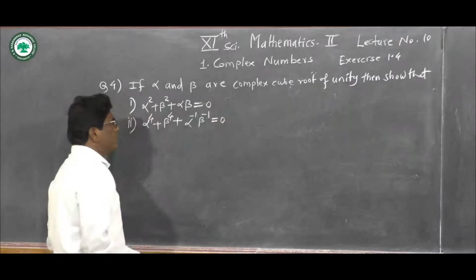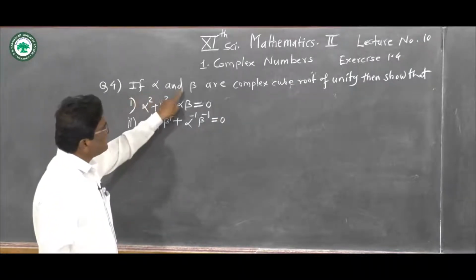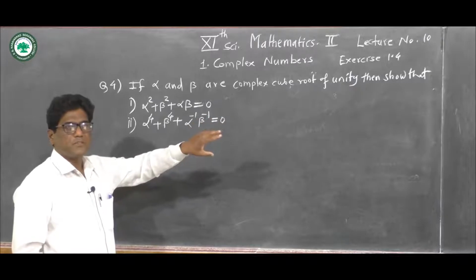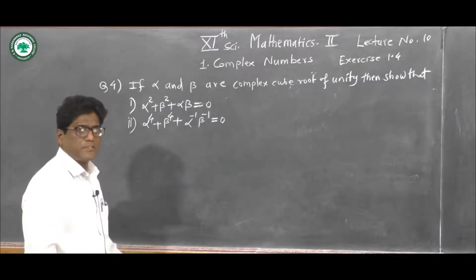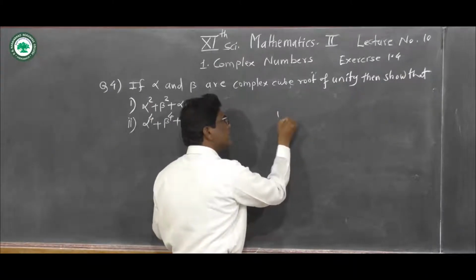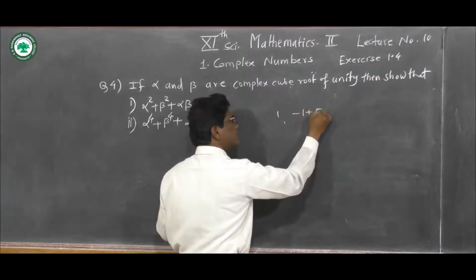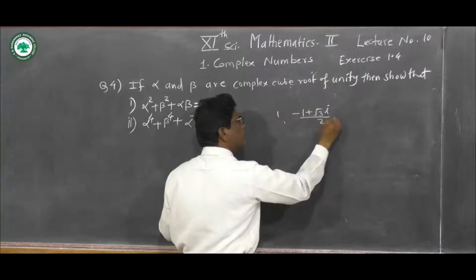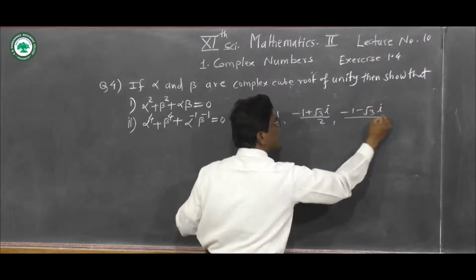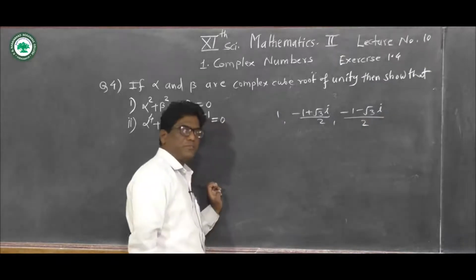Now what we have given here, alpha and beta are the complex cube roots of unity. We have seen in the previous video lecture, cube roots of unity are 1, then minus 1 plus root 3i divided by 2 and minus 1 minus root 3i divided by 2. These are the cube roots of unity.